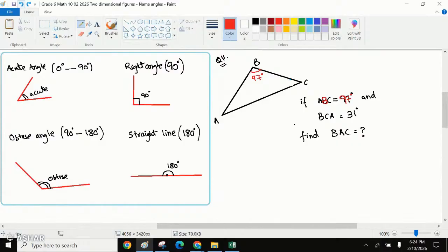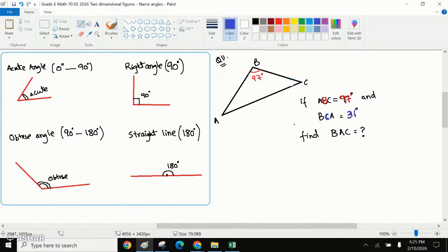If two angles were given to us and it says ABC is equal to 97, that means the vertex in the middle, that is B, will represent 97. Similarly, this was BCA, given as 31.